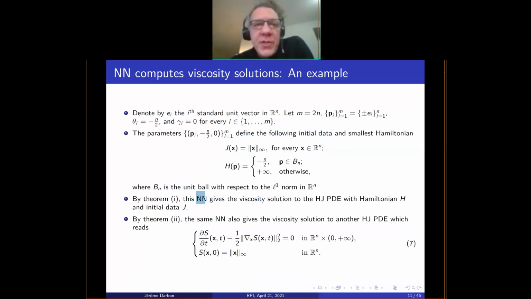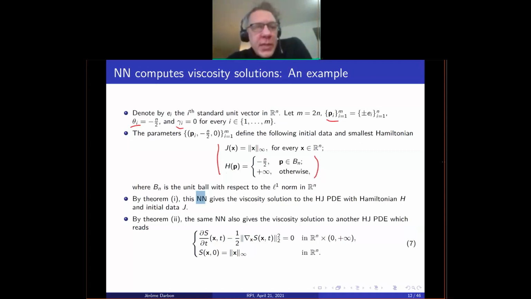So here I just want to give you an example of how you can solve some Hamilton-Jacobi PDE. I'm just giving you a set of parameters for the pi, theta I, and gamma I that defines an initial data that is here the L infinity norm in Rn, and h is given by the characteristic function of the L1 ball in Rn.